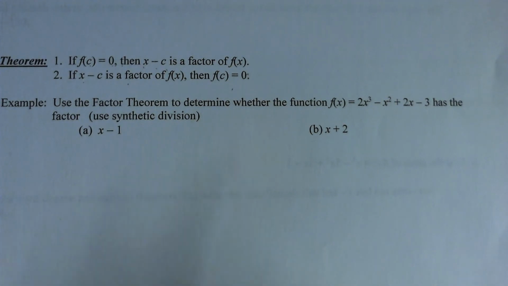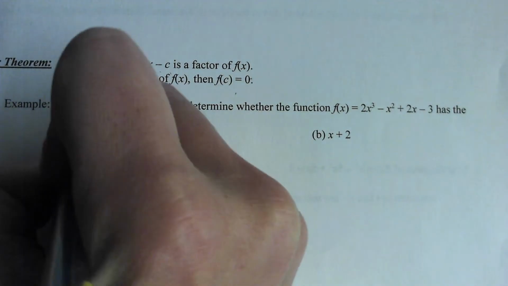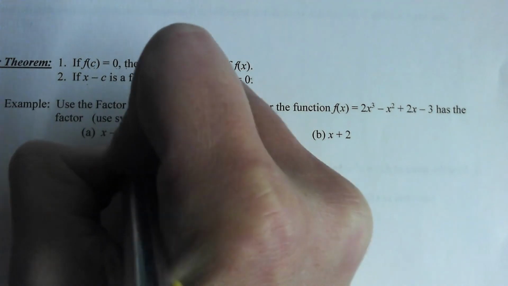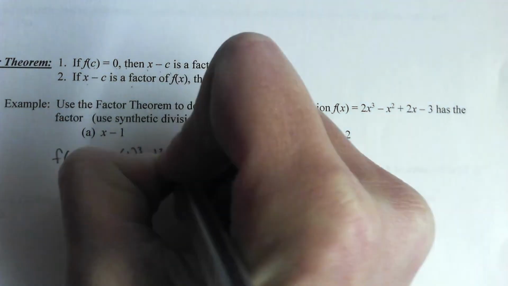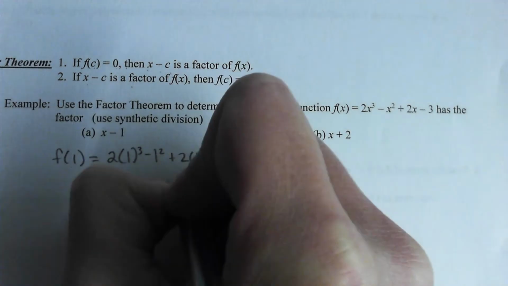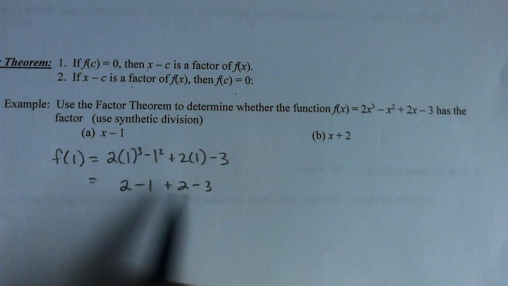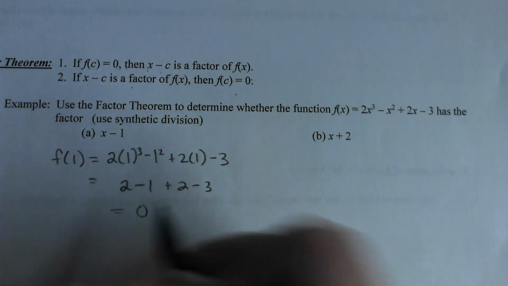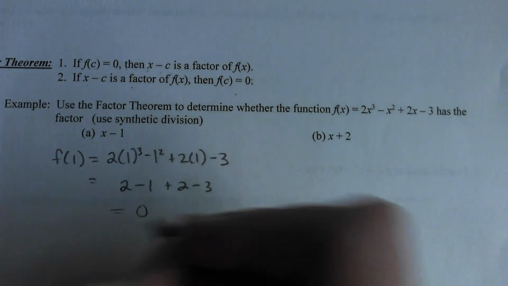Why does it want us to use synthetic division? Why can't we just plug in 1? I would just plug in 1. And I get 4 minus 4 is 0. So, yes.